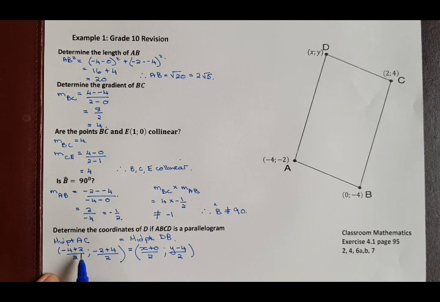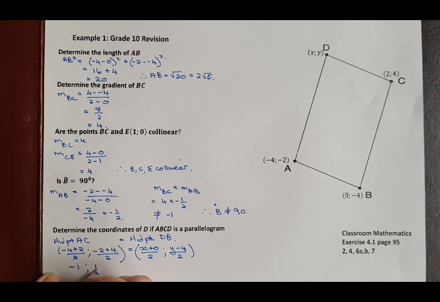Minus 4 plus 2 is minus 2 over 2, gives us a value of negative 1. Minus 2 plus 4 over 2 gives me a value of 1. Here I get x over 2, and that is y minus 4 over 2.